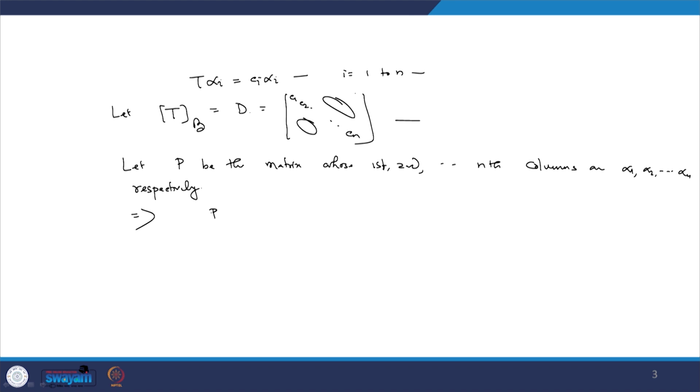This implies that P inverse AP equal to D. Already we have proved that if an operator is diagonalizable, and here alpha 1, alpha 2, alpha n are the corresponding eigenvectors associated to eigenvalues c1, c2, cn, then if I consider P as the matrix whose columns are the corresponding eigenvectors, then definitely P inverse AP equal to D. Here P is a unitary matrix, because alpha 1, alpha 2, alpha n are defined over the complex plane C.